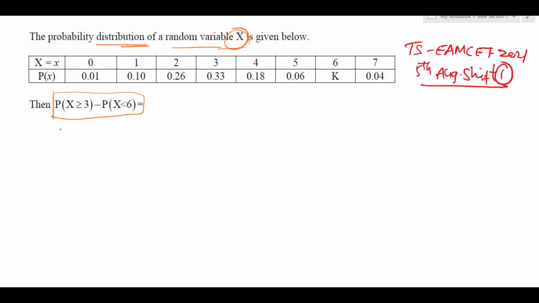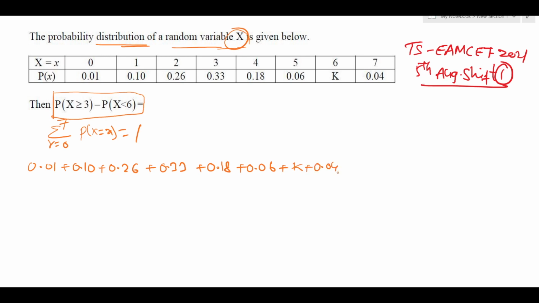Here it is given 0 to 7, that is sigma r is equal to 0 to 7 P of x is equal to 1, that is 0.01 plus 0.10 plus 0.26 plus 0.33, 0.18 plus 0.06 plus k plus 0.04 is equal to 1. From this, k is equal to 0.02. This is the value of k.